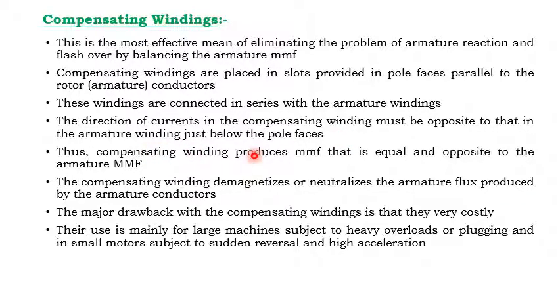Once these two windings, the compensating winding and the armature winding, are connected in series and the currents in both windings are in opposite directions, the compensating winding produces an MMF that is equal and opposite to the armature MMF. The magnitude of the MMF produced by the compensating winding is equal and opposite to that of the armature MMF.